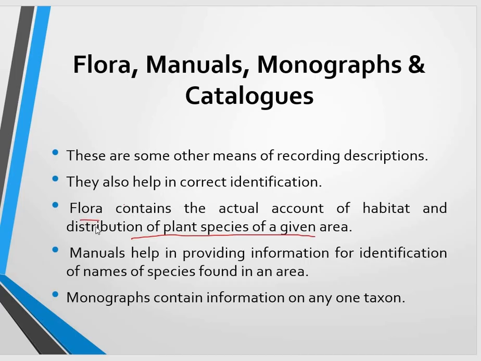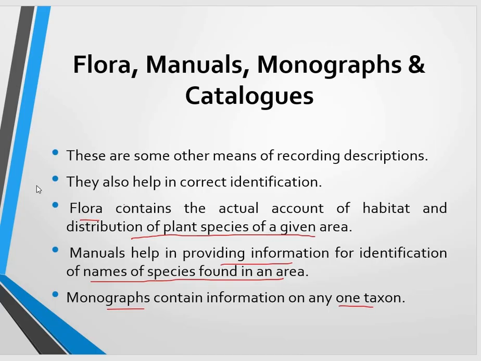So flora is the plant species of a given area. Similarly, manuals help in providing information for identification and naming of the species found in an area. And monographs contain the information of one taxon.